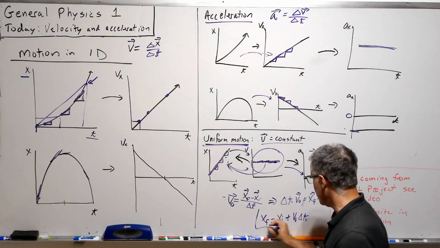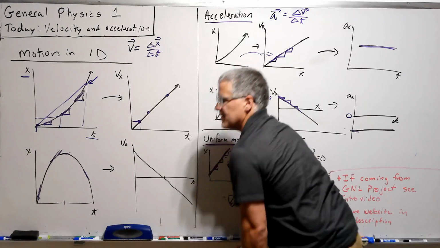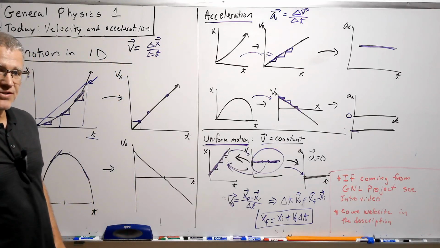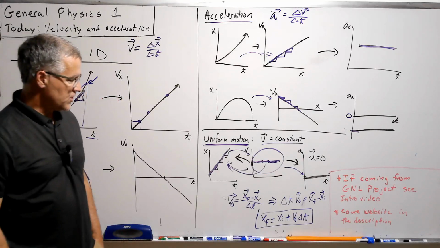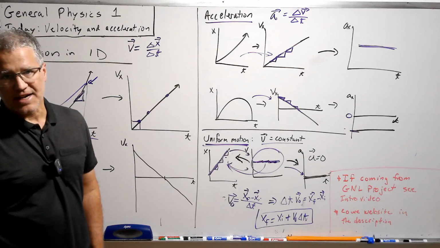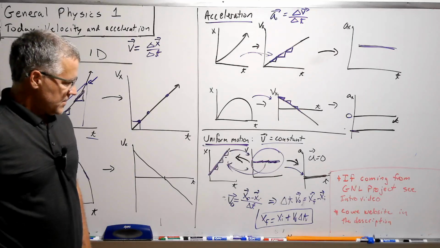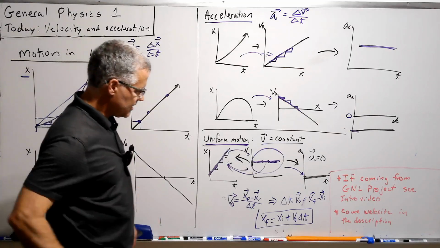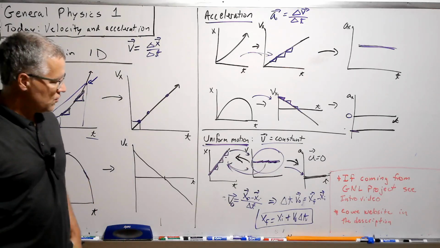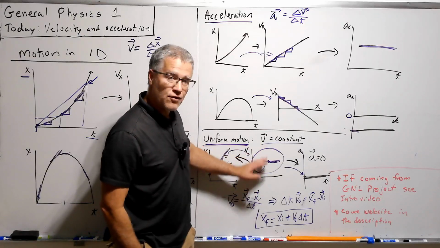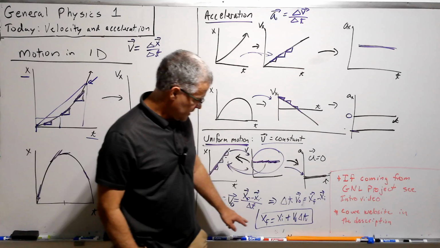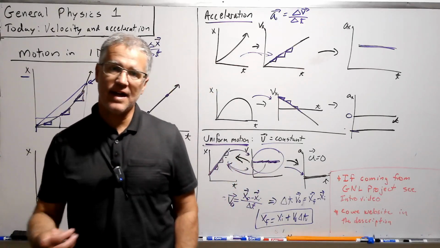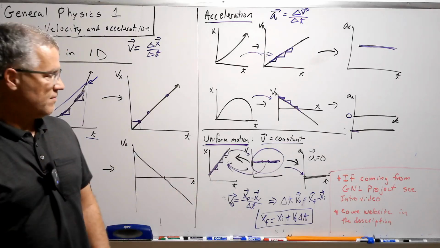So we're actually going to write our formulas like this, which looks like scalars, and in fact they sort of are, but as long as we're carrying the sign, so a negative x means in this direction, positive x in that direction, then they really are acting as vectors.